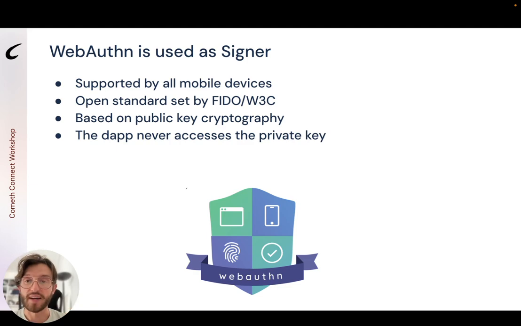And when you want to access that private key, you have to authenticate yourself with different methods, for example, with Touch ID, so with biometrics. What it means is that the DApp itself cannot access that secure enclave. You need the authentication of the user to really be able to access that private key and then sign transaction or messages.